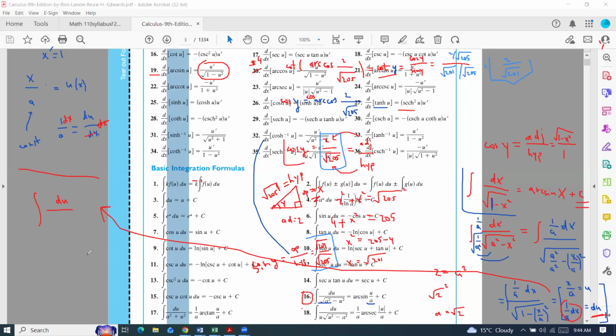So we ended up with exactly what my formula wants, right? And that's going to be my antiderivative. So the antiderivative, which is arcsine of whatever variable we use, arcsine of u plus the constant.